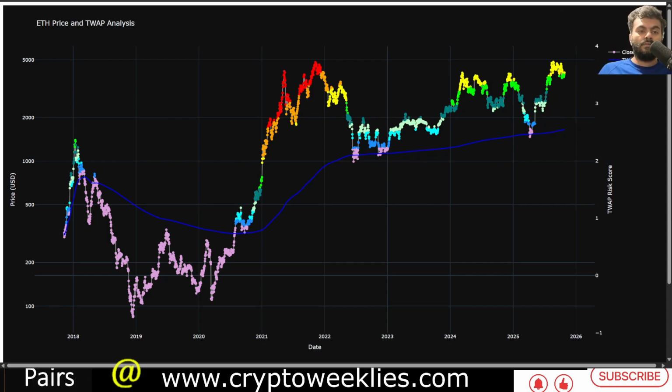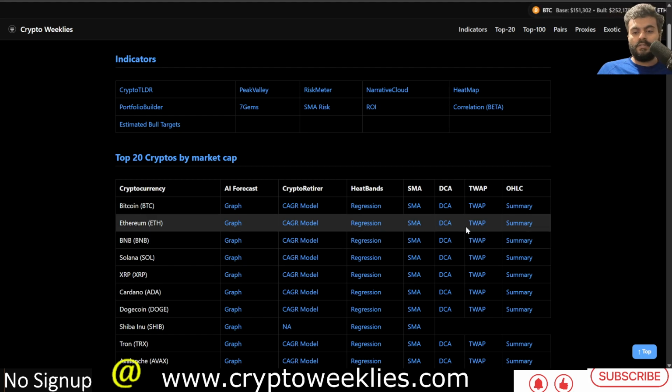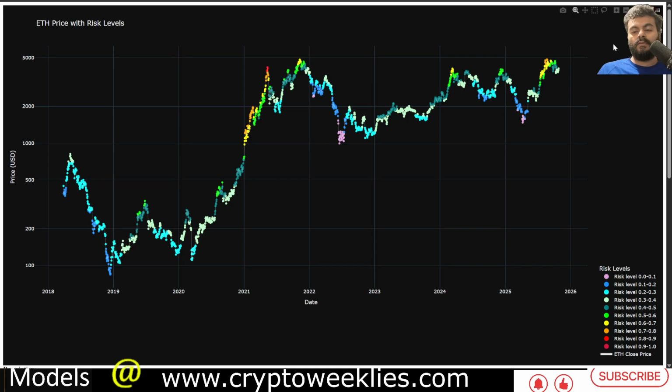This blue line could usher in a great accumulation phase if historical evidence is of any use. In terms of the 20-week simple moving average price model, again, a confluence across several models when the risk levels over here in 2025 were low, in the SMA model as well as in the TWAP or time weighted average price model, that confluence helped identify those undervaluation zones.